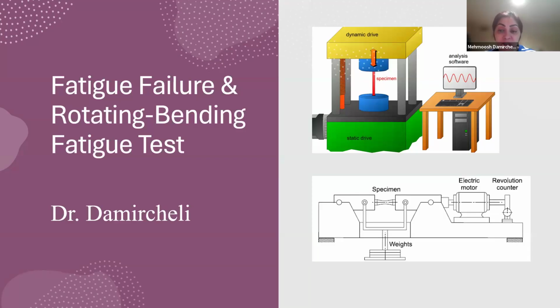Repeated loading can eventually cause cracks to form, propagate, and grow until the part fails. This type of failure is very common in mechanical components such as shafts, axles, and aircraft parts, and it accounts for almost 90% of mechanical failures.